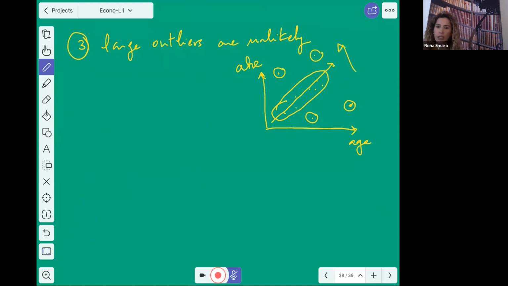Or is it related to anything that is, for example, the government has changed the policy, the government has increased the money supply in a specific year? Anything that is important, we're going to take it into our consideration. Anything that is related to a mistake, we're going to deal with it, or probably correct the mistake.